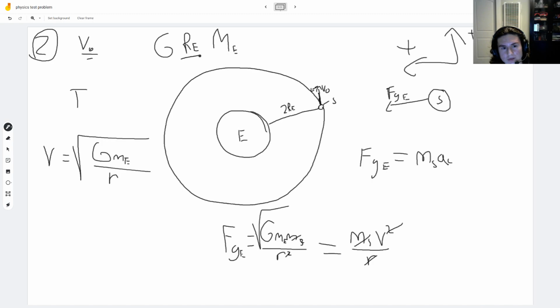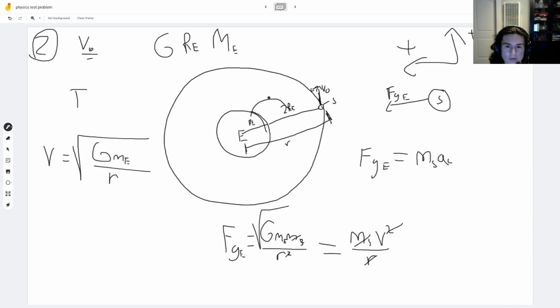The only thing is they want it in terms of radius of Earth. So the r in this case is the total distance between the center of the Earth and the center of the satellite. But what is that in terms of radiuses of Earth? Well, we know that the Earth has a radius of re, and it's also stated that the distance from the surface of the Earth to the satellite is 2re.